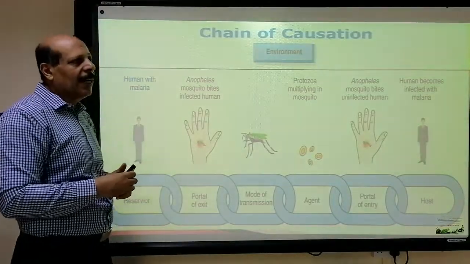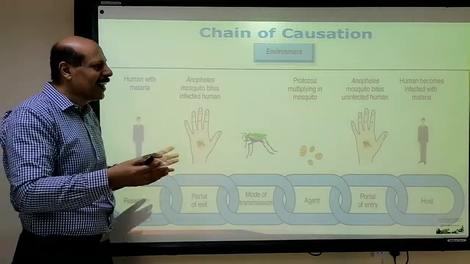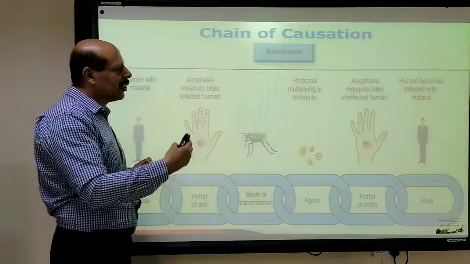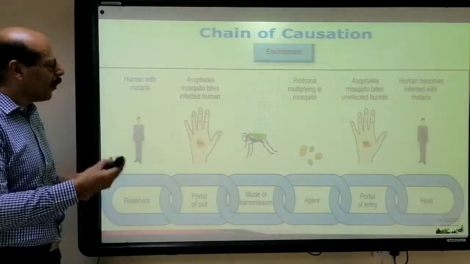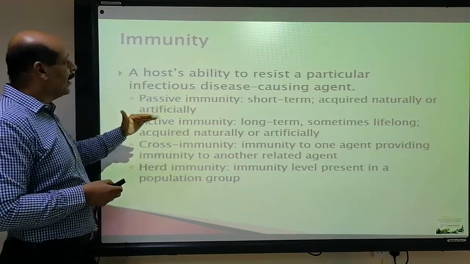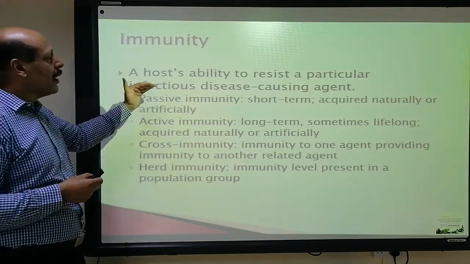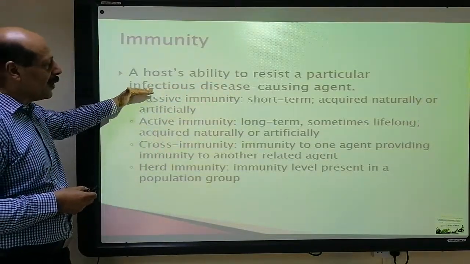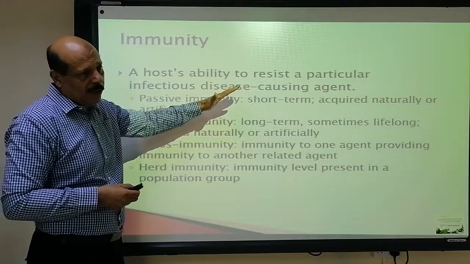So in epidemiology, we are studying the behavior of the disease and the organism, and the causation, and the chain of causation in order to cut it. Immunity is the host's ability to resist a particular infectious disease-causing agent.